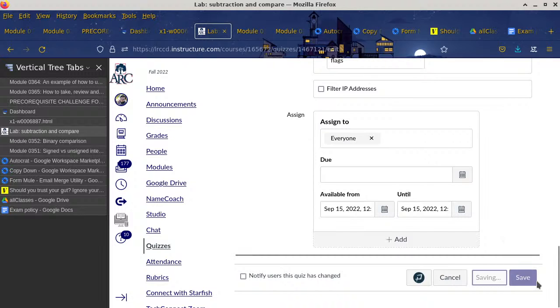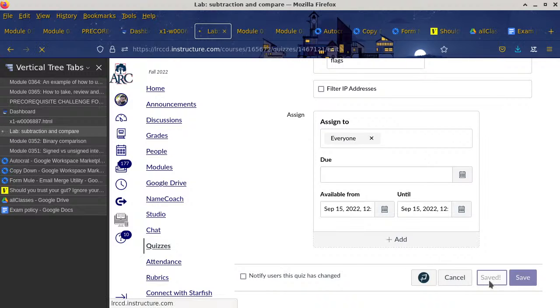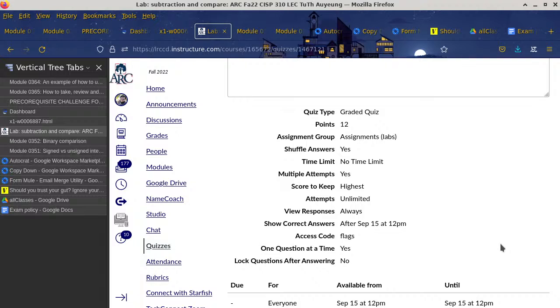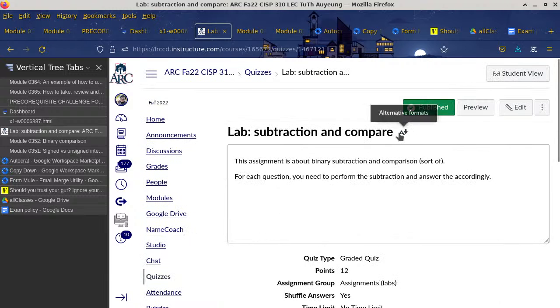Right about now, even though my screen has not refreshed. Come on. There we go. All right, so you have your lab. These are the stats for the lab. You can retry or reattempt an unlimited number of times until 12 p.m. The access code is flags. It's locked till 12. Okay, operator error.